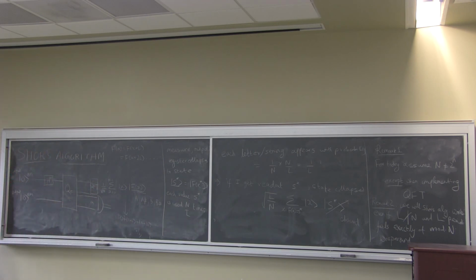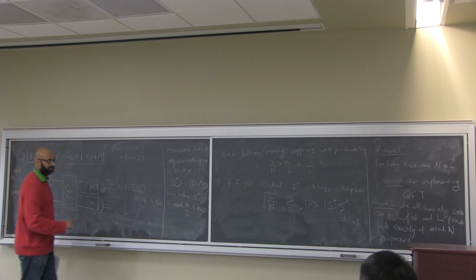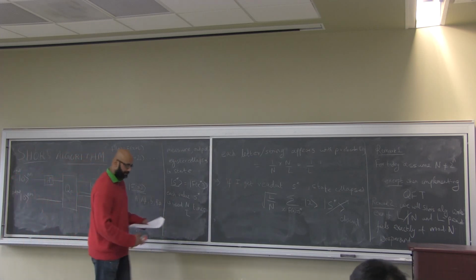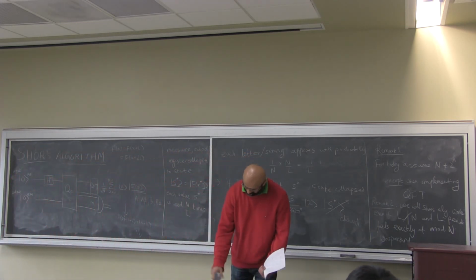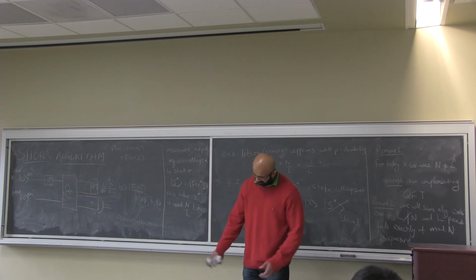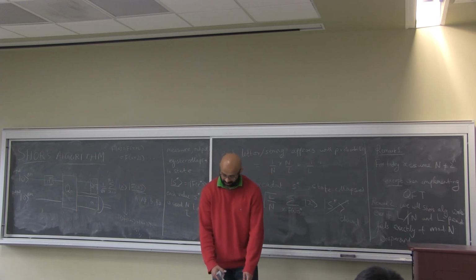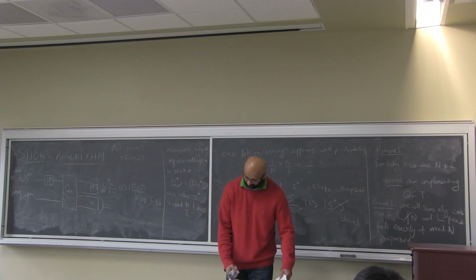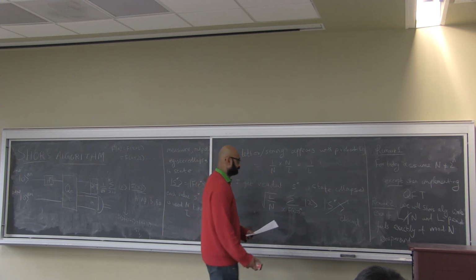But before I do that, let's look at the properties of this superposition, because then the behavior of the quantum Fourier transform will help us understand how we can extract the period L.